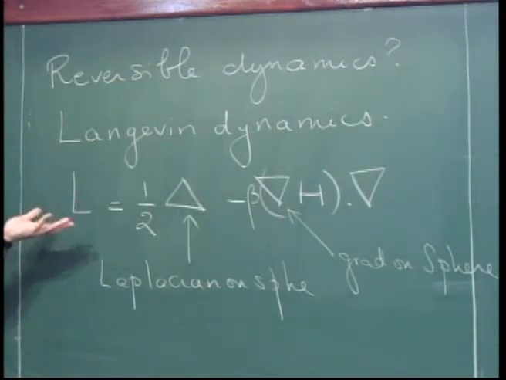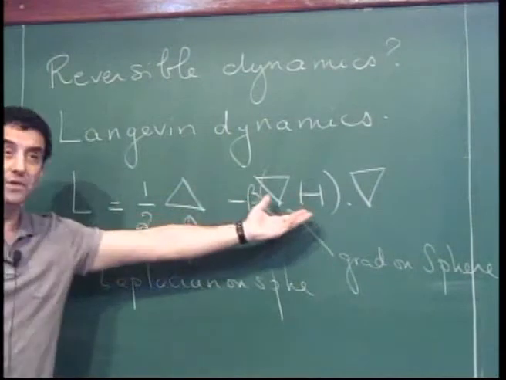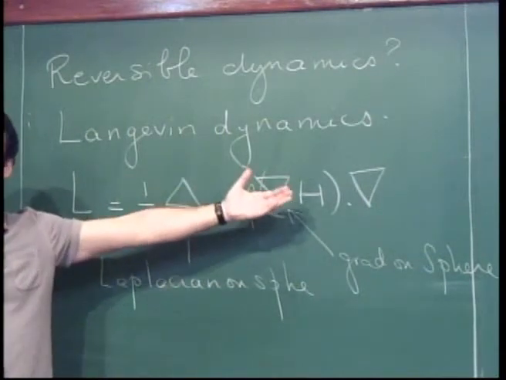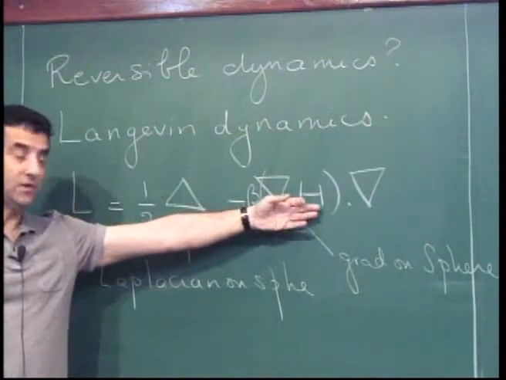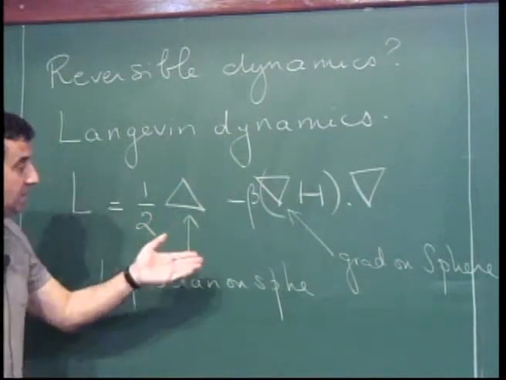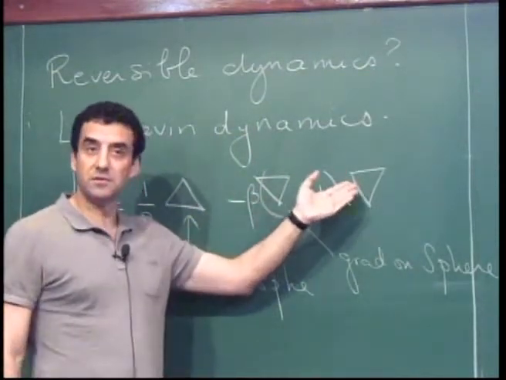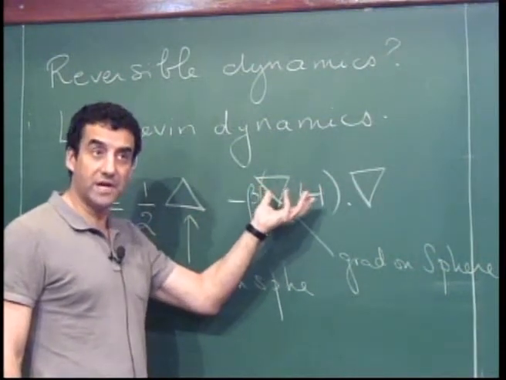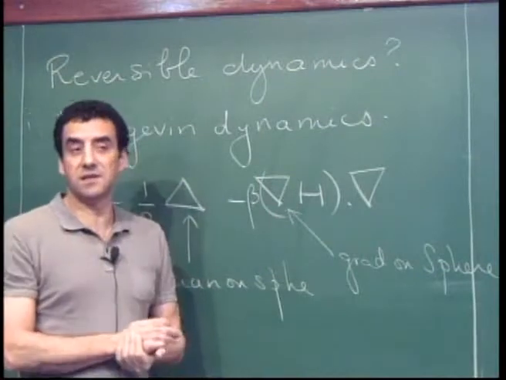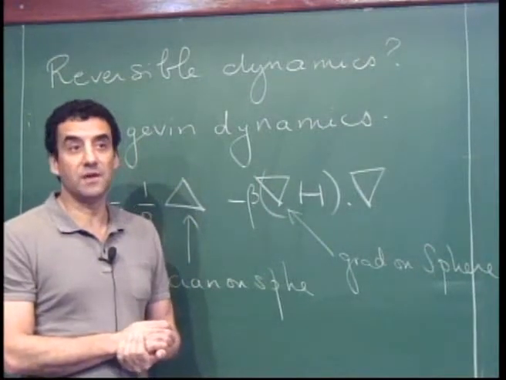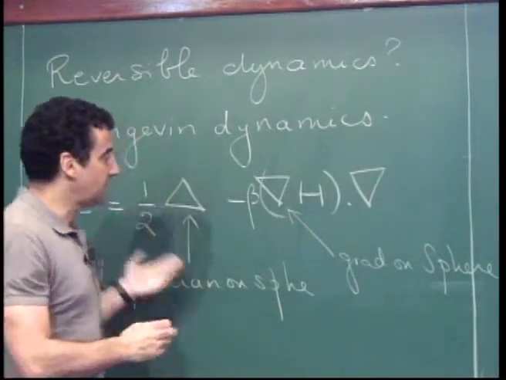Right? That's a general feature. If you take on a manifold, here the manifold is the sphere. If you don't like the sphere, think of R^d. If you take a potential H, if you take this kind of thing, Laplacian minus gradient of a function gradient, if the drift is a gradient, then the measure exponential minus this thing is, of course, the invariant measure for that. Right? So that's a very natural dynamic.